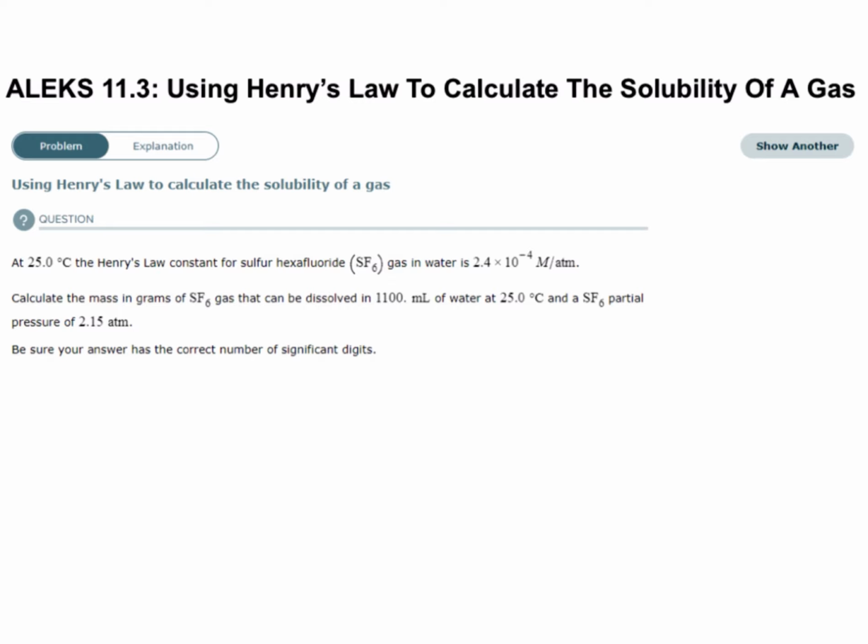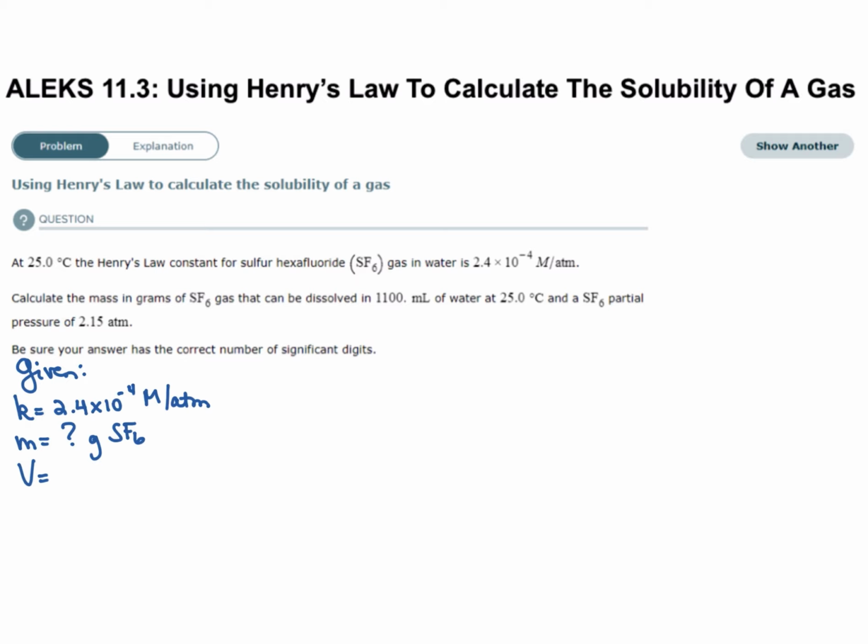So as always, we want to start this off with our given table to make sure that we grab all the information we need. And the first thing they give us is Henry's law constant. And they're asking us to calculate the mass in grams of this gas.